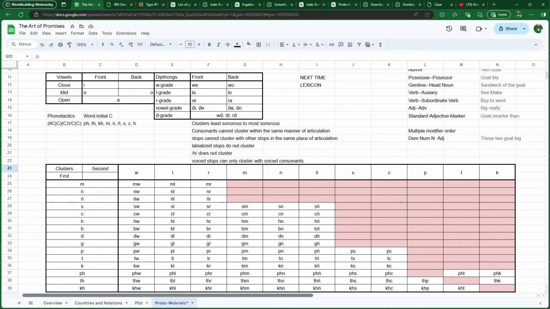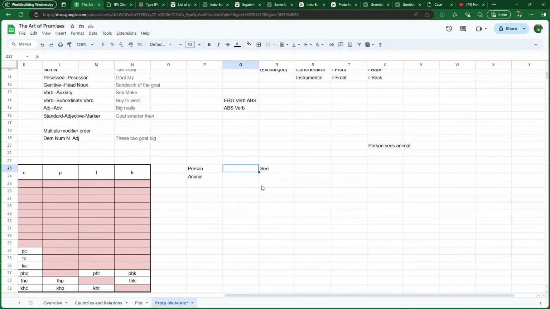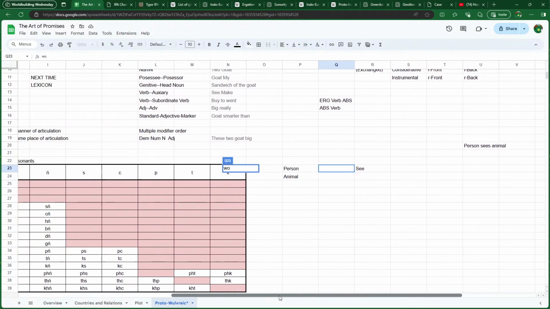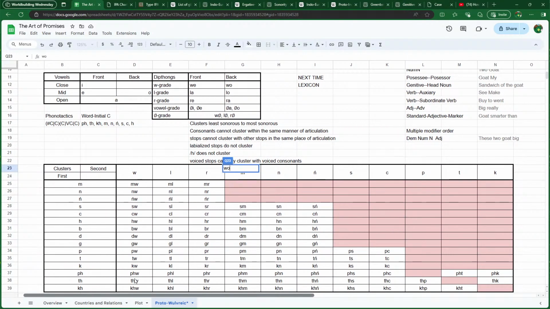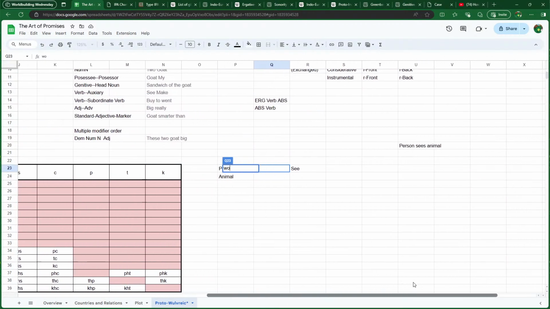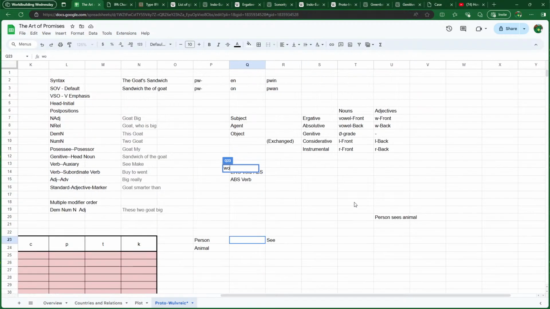Now obviously we don't have a U, so it would be whoa. And then this counts as a single vowel. And it's specifically a back W grade. So this would be absolutive.